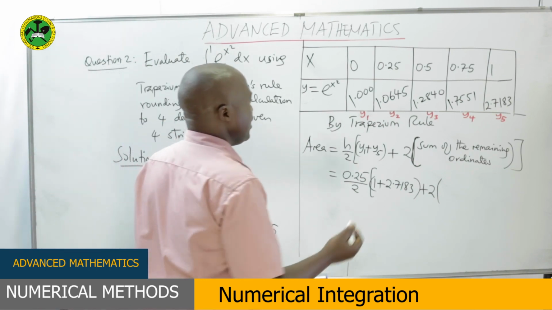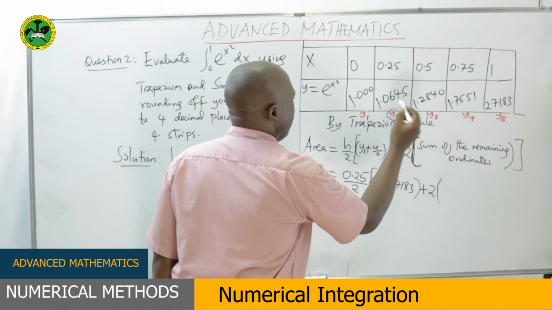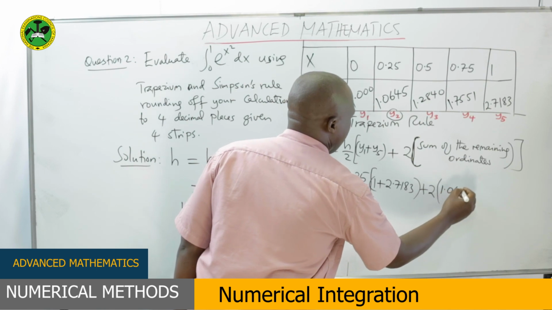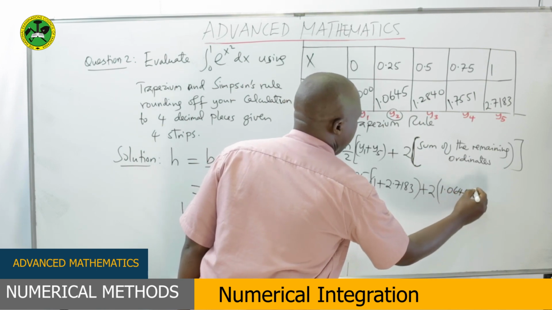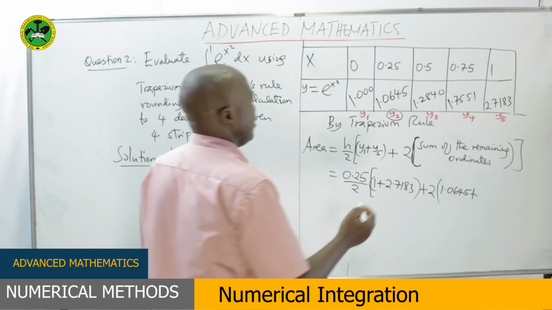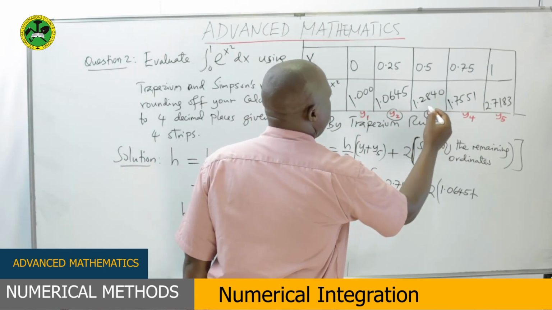What are the remaining ordinates? We have y2 which is equal to 1.0645 plus the next, that is y3.